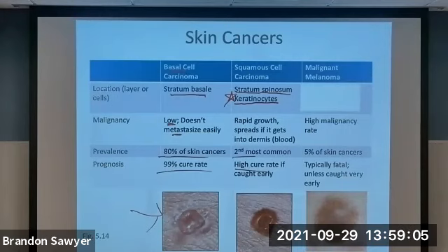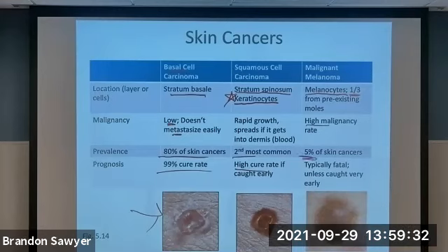Okay, but then the worst one, malignant melanoma, and this is due to the melanocytes having problems. Okay, malignant melanoma, right? The melanin is those cells that produce melanin, the pigment, right? And the oma part is just meaning some kind of tumor, right? Okay, so about a third of these happen in moles that you already have. Okay, so that's not all of them, but very, very highly malignant.